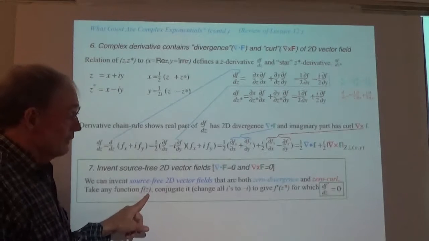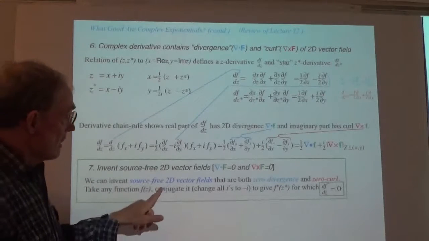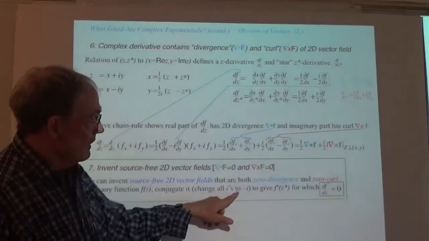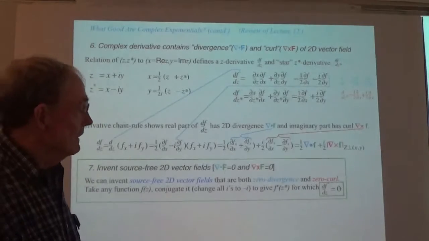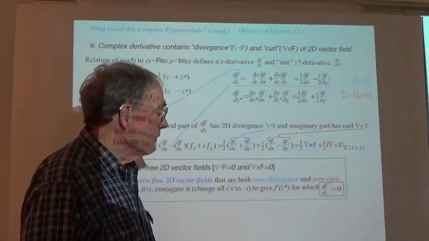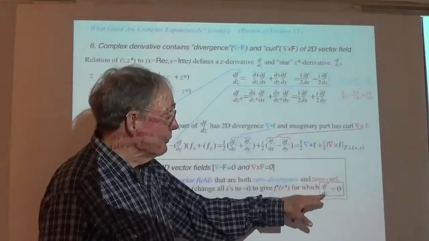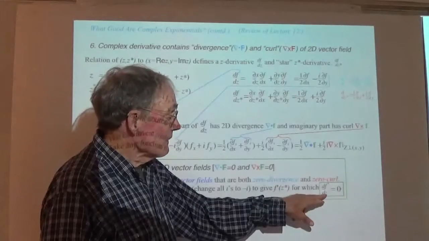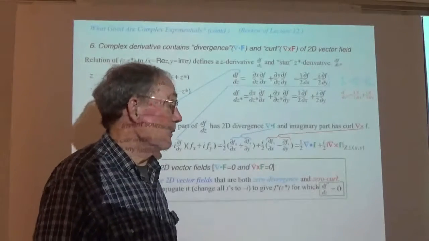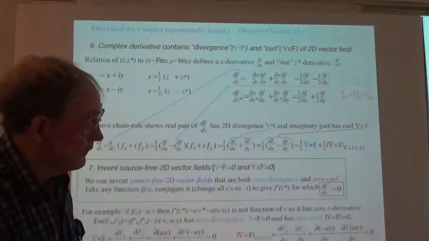Obviously the function that we took first was the field equal to z. Conjugate it, that is, change all the i's to minus i, make this f star function, and we've already shown that the z derivative of that is 0, identically.